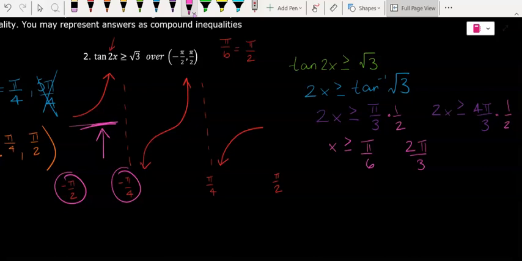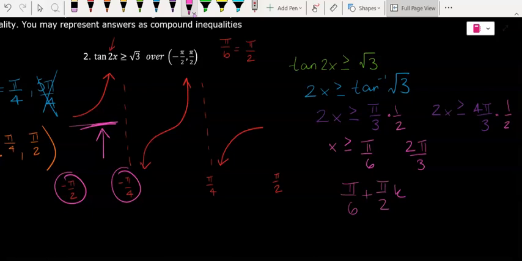And so that's what we have here. So instead, I'm going to have pi over 6 plus pi over 2 k. And that's going to tell me every single time it's going to equal that value that I need, where it's going to equal square root 3.